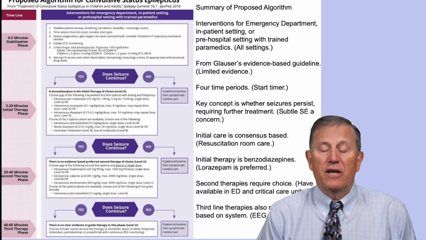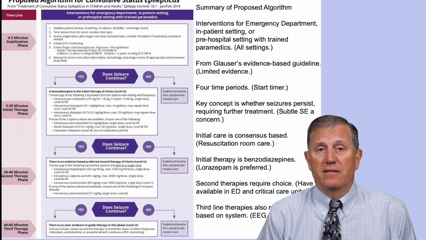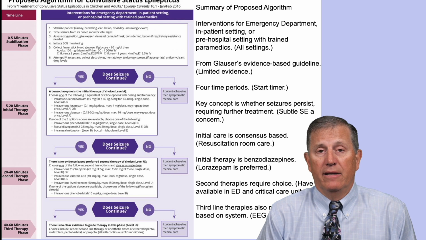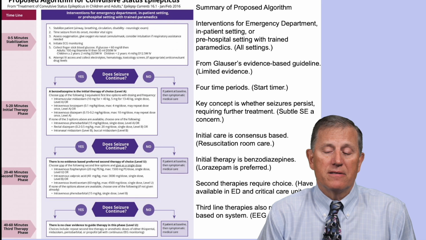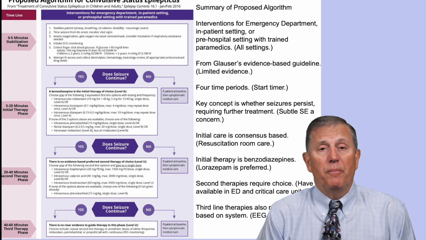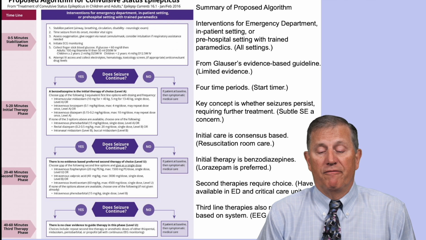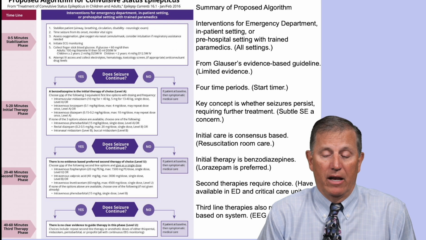We know that the initial care is consensus-based, that is to say, the initial resuscitation is similar to the resuscitation of all patients who present in extremis, whether or not it's related to status epilepticus. We know that our initial therapy is related to the benzodiazepines and that lorazepam is the preferred IV medication when available.